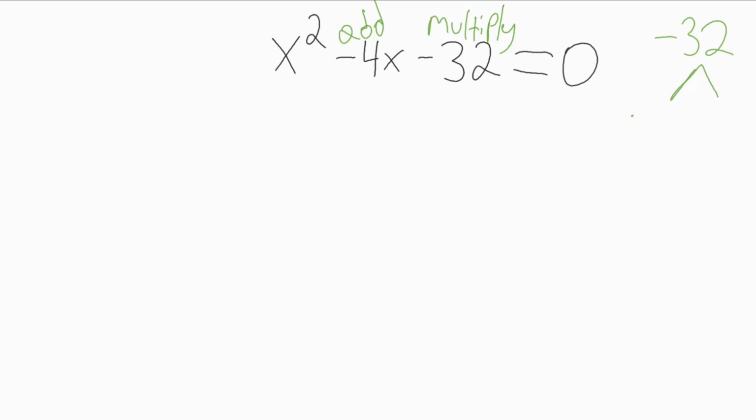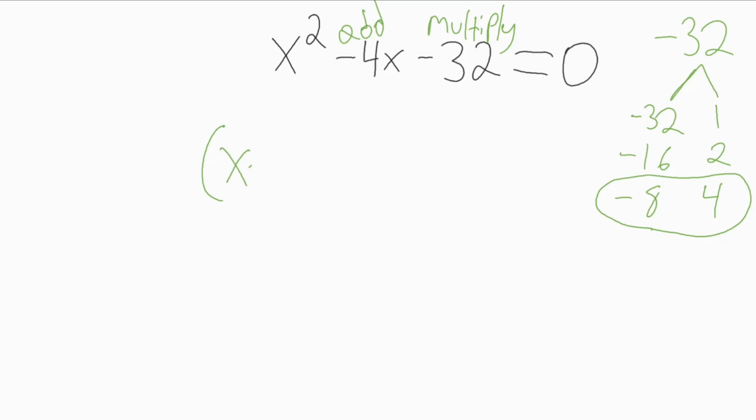So let's write out the pairs: -32 and +1, -16 and +2, and -8 and +4. Now, out of these three groups, -8 and +4 will add to -4. So let's write out our factored form.